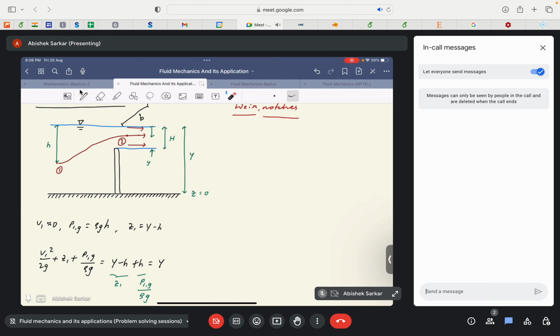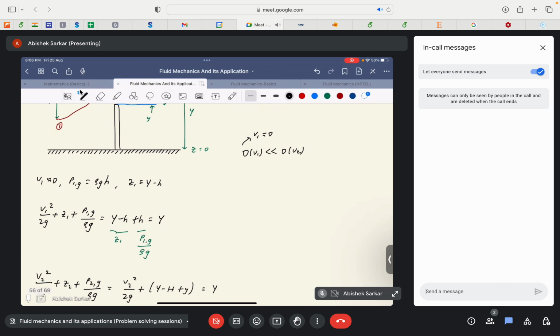Just so you are not confused, we take v1 equivalent to 0 because the order of magnitude of v1 is much smaller than the order of magnitude of v2.